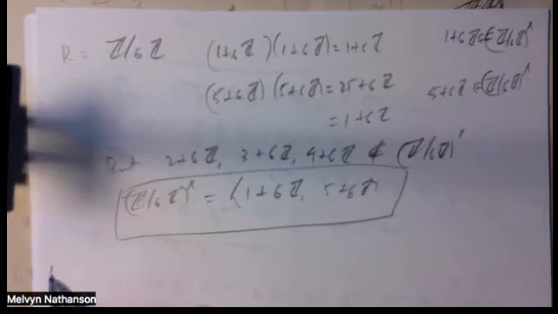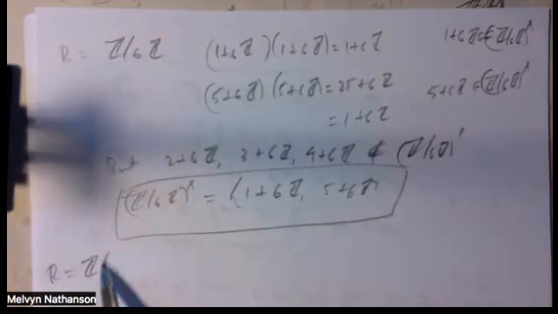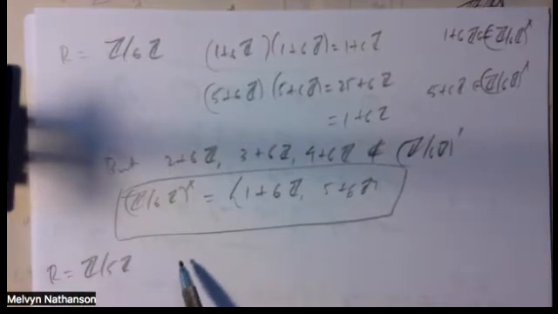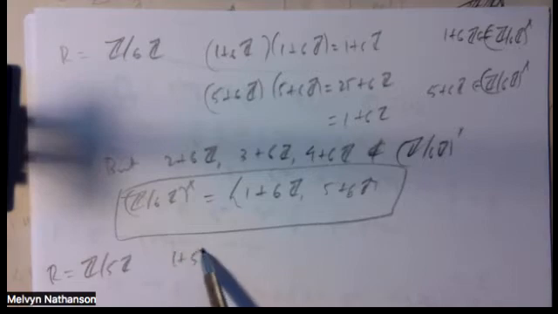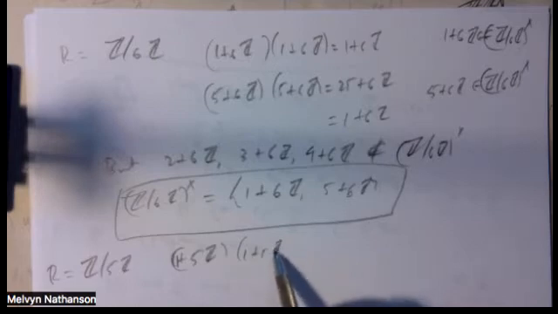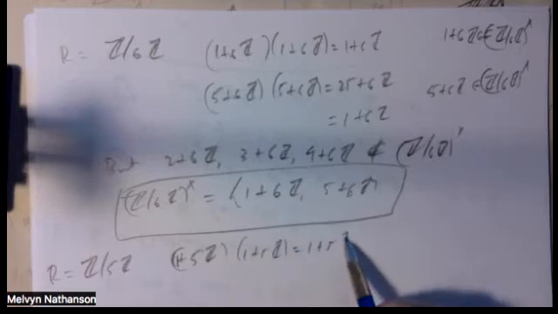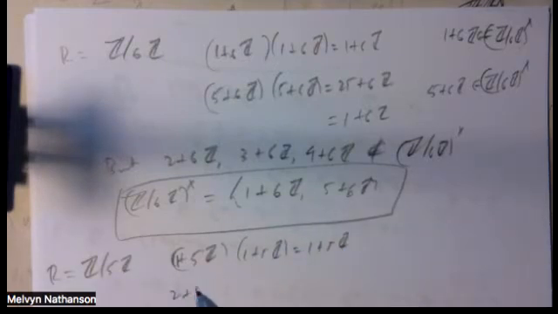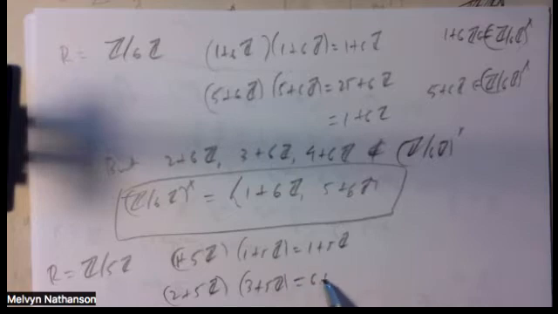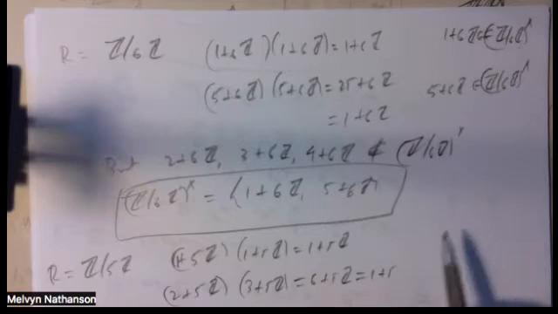Let's look at another example. Suppose I take the integers mod 5. So I know that 1 plus 5Z times 1 plus 5Z is 1 plus 5Z. 2 plus 5Z times 3 plus 5Z is 6 plus 5Z, but 6 is congruent to 1 mod 5, so this is 1 plus 5Z.